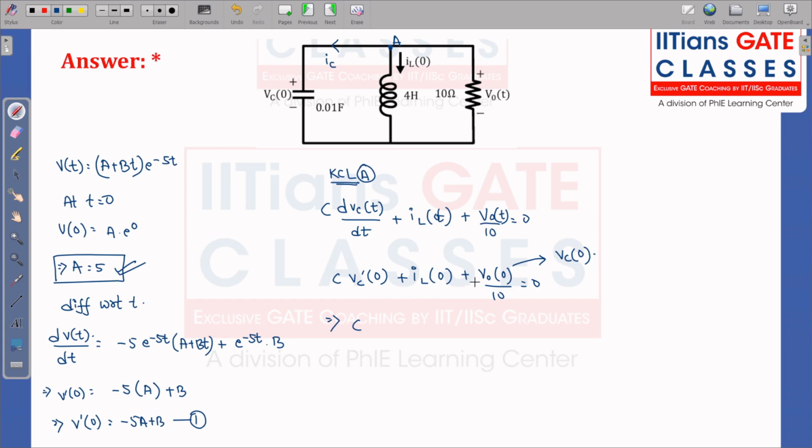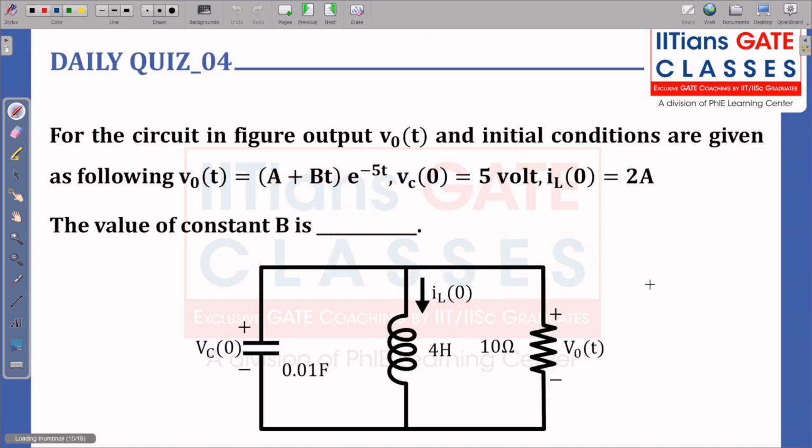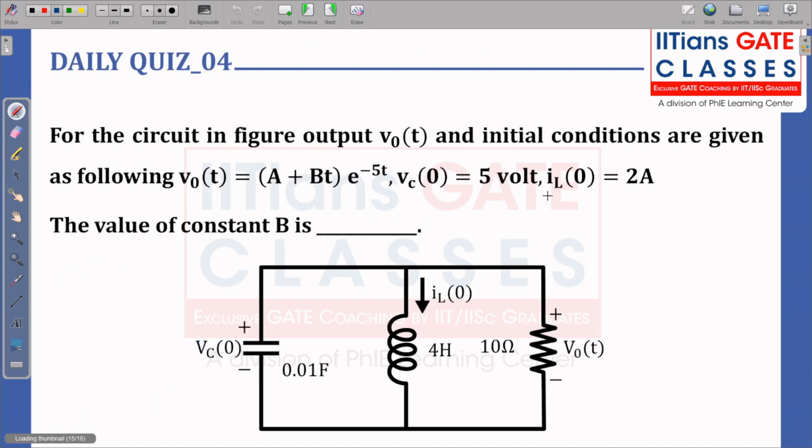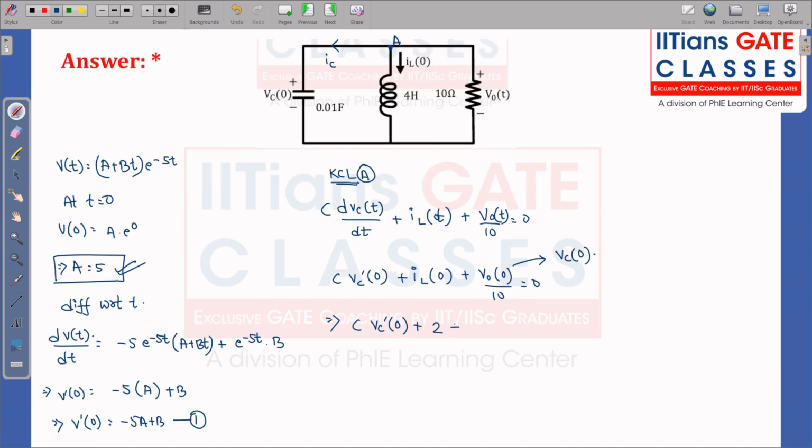Okay, so I think I am making some mistake somewhere. Okay, Vc0 is 5. So I forgot this. Vc0 is 5. So C Vc dash 0 plus IL0, which is 2, plus 5 by 10, equal to 0. Now Vc dash 0, this I already have.